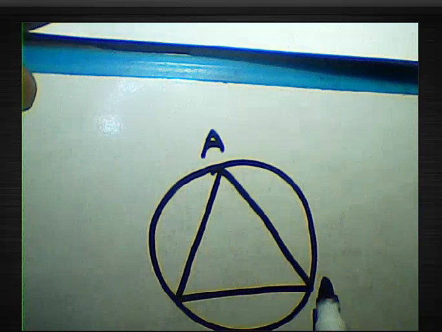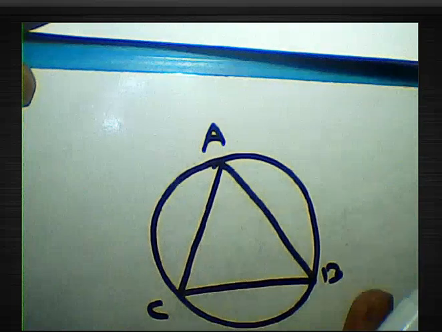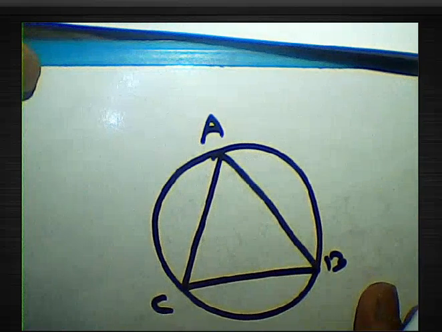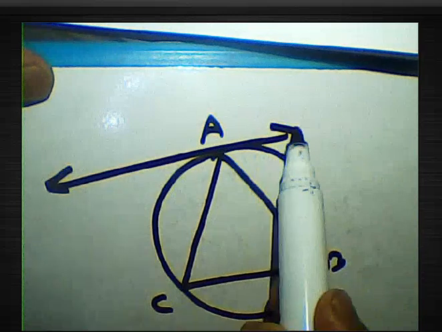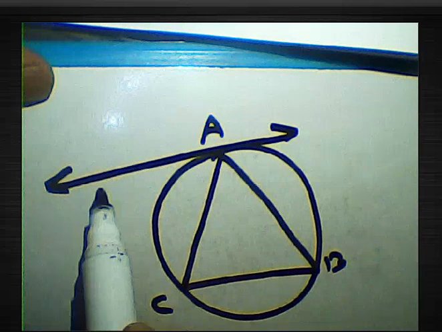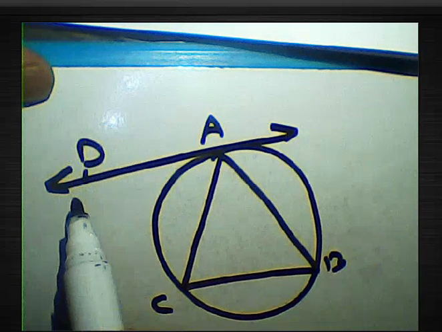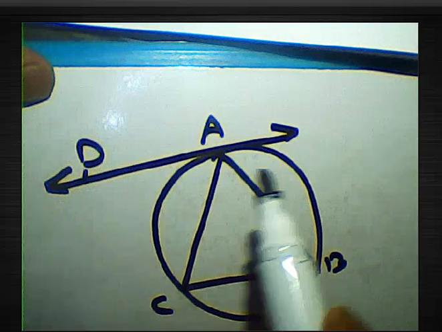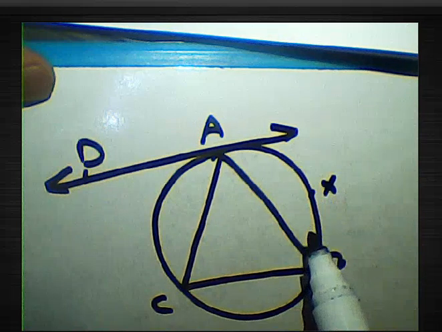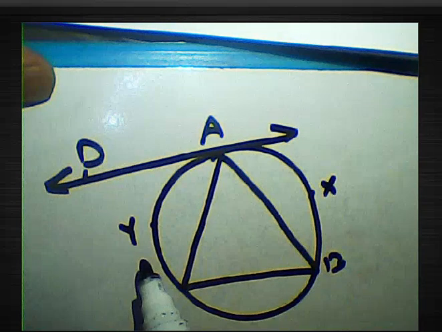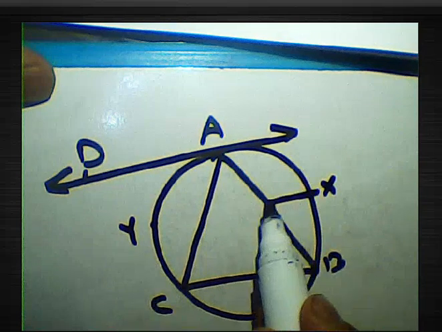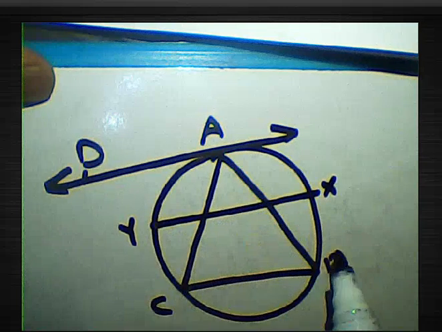ABC is a triangle inscribed in a circle, and AD is a tangent of the circle at A, and X belonging to AB, and Y belonging to AC, where XY parallel to BC.